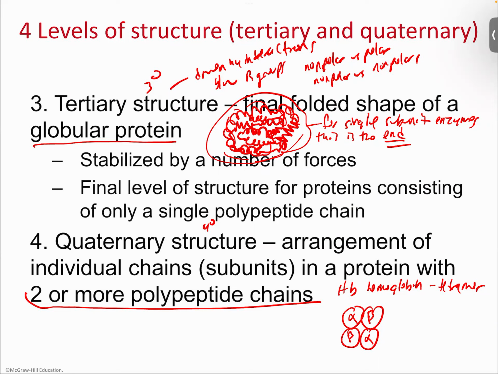Beta globin, it will not function. They have to come together in quaternary structure as a team of 4. That's when they become a functional complex. And this is probably more the rule than the exception. So most enzymes are part of a team, generally speaking. And so that would be your 4 levels of structure.